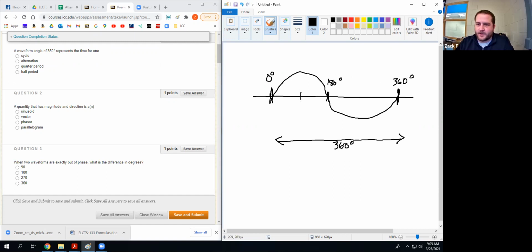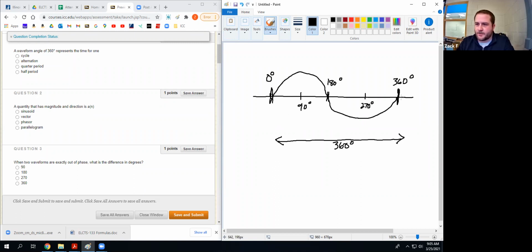And then, of course, the peak here would be at 90. The peak here would be at 270. 360 degrees represents one cycle.